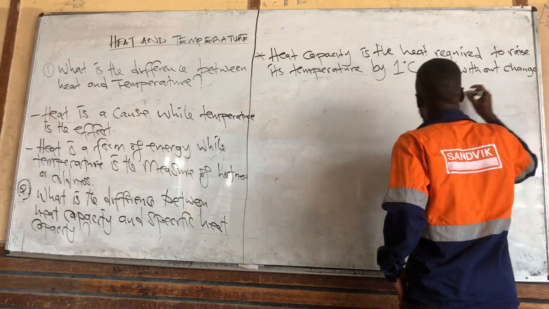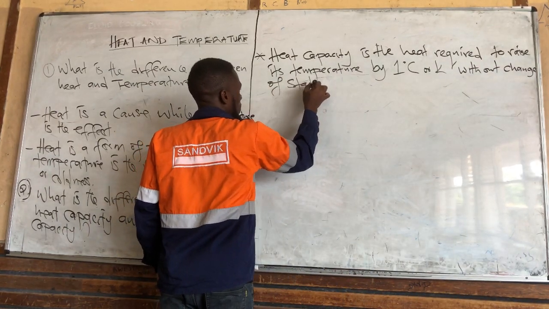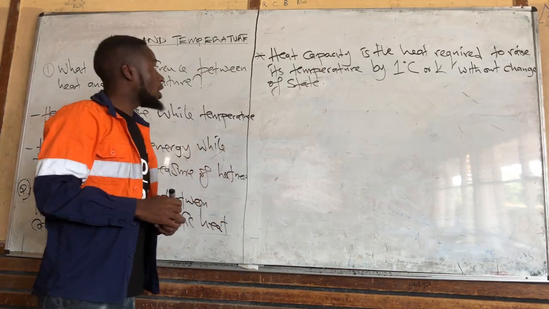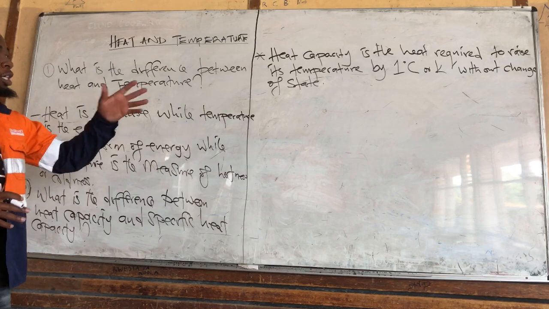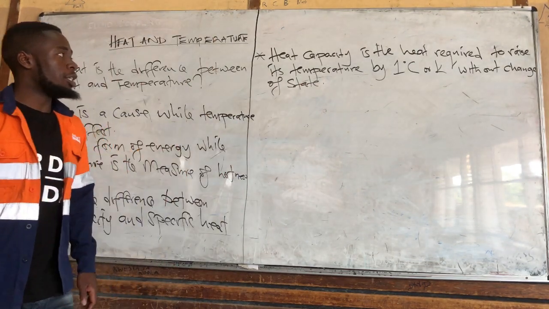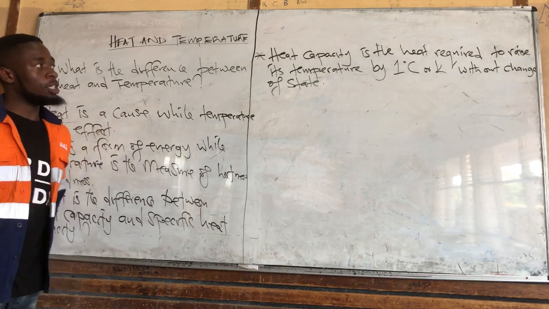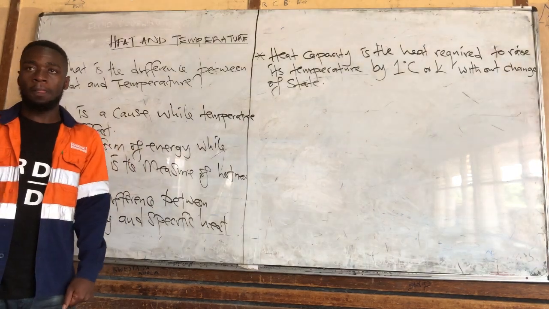So heat capacity of a body is the heat required to raise its temperature by 1 degree Celsius or Kelvin without change of state.